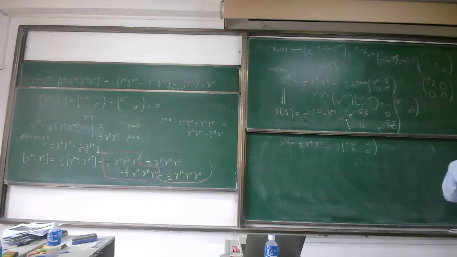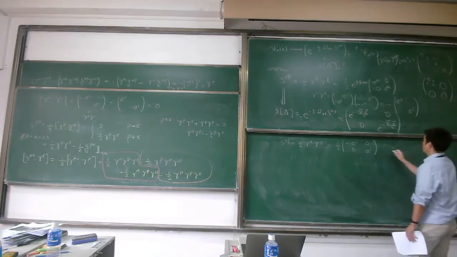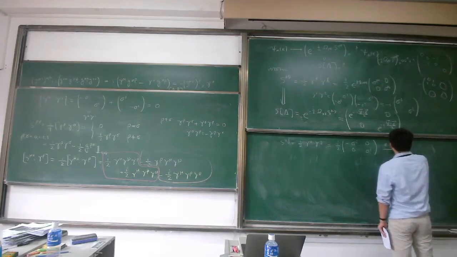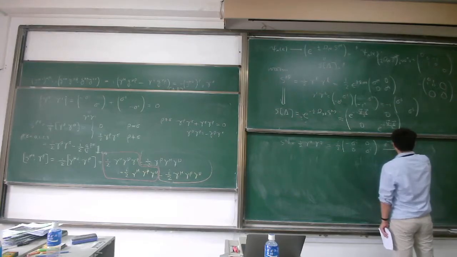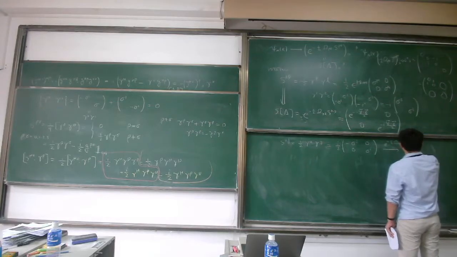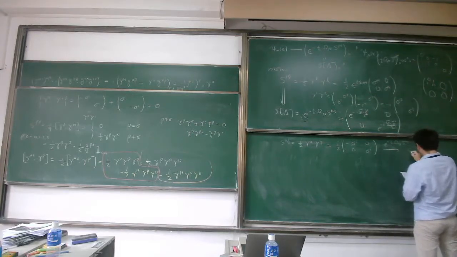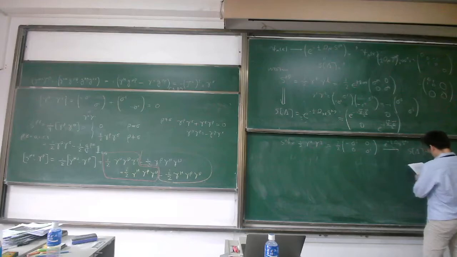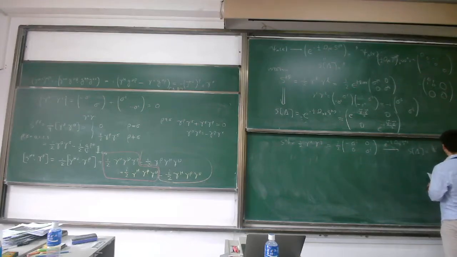And here, if you exponentiate e to the minus i over 2 gamma 0 gamma j and S0j, what we get is S of lambda equal to e to the minus i over sigma, and then over 2.